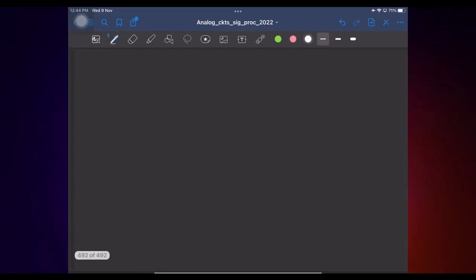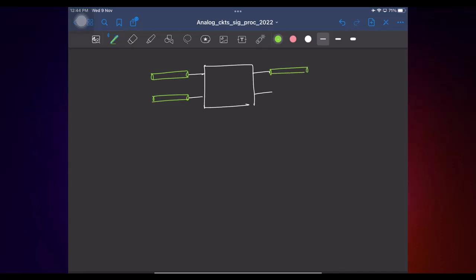So we have this two-port network, and let me mark this. This is V1 plus, V1 minus.